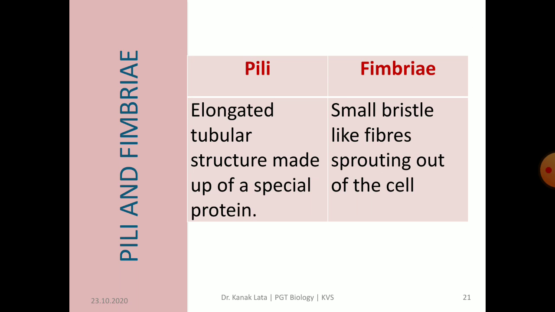Now let us see the structural difference between pili and fimbriae. The pili are elongated tubular structures made up of a special protein, whereas fimbriae are small bristle-like fibers sprouting out of the cell. In some bacteria, these structures help them to attach to rocks in streams and also to host tissues.